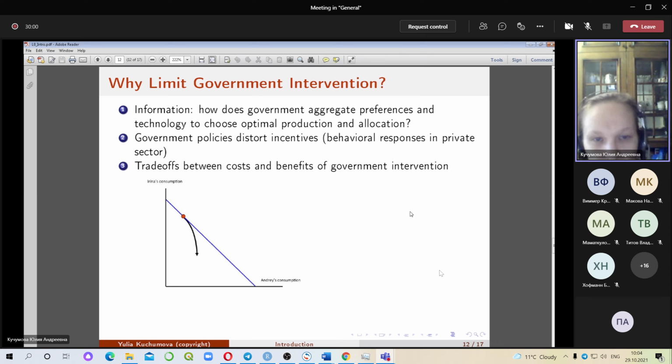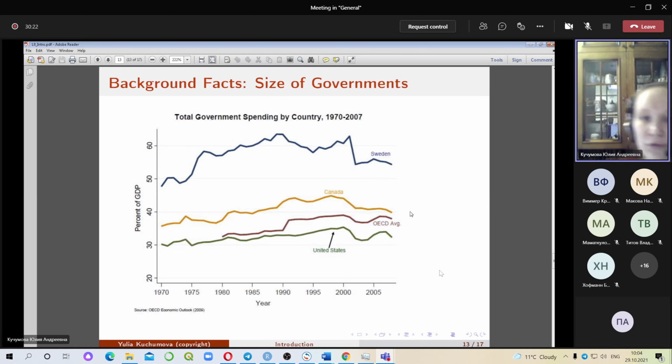The government's role in the economy, its role for intervention, the reasons why the government should intervene, and why we should then limit this intervention to some extent. And here are some background facts to illustrate what we see in the real world.